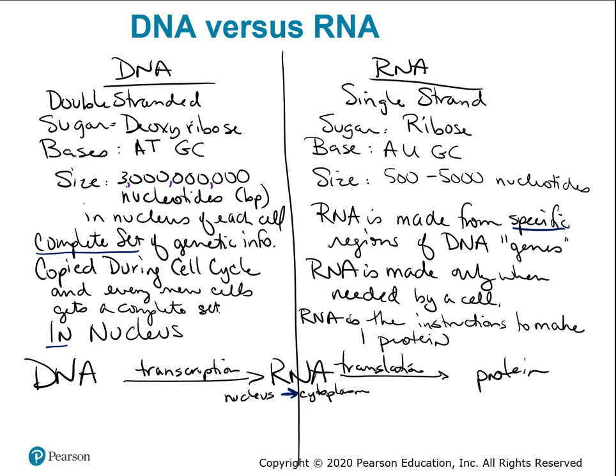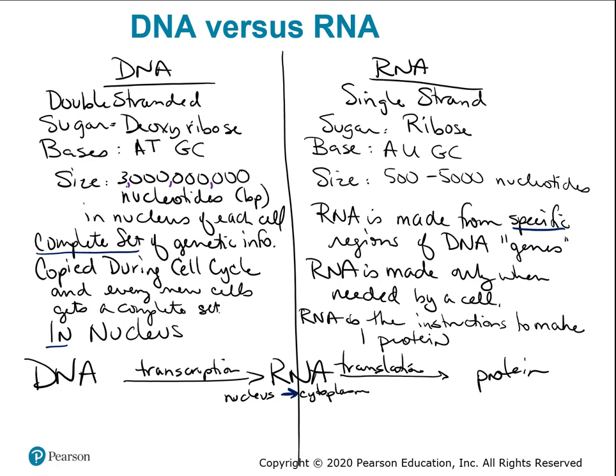RNA is actually like the DNA of just one topic. If you think of the DNA as being like Wikipedia, the DNA is like an encyclopedia. It has all of the genes to be able to make all the proteins that all the cells in your body will ever need. Well, RNA is just the information for one protein.